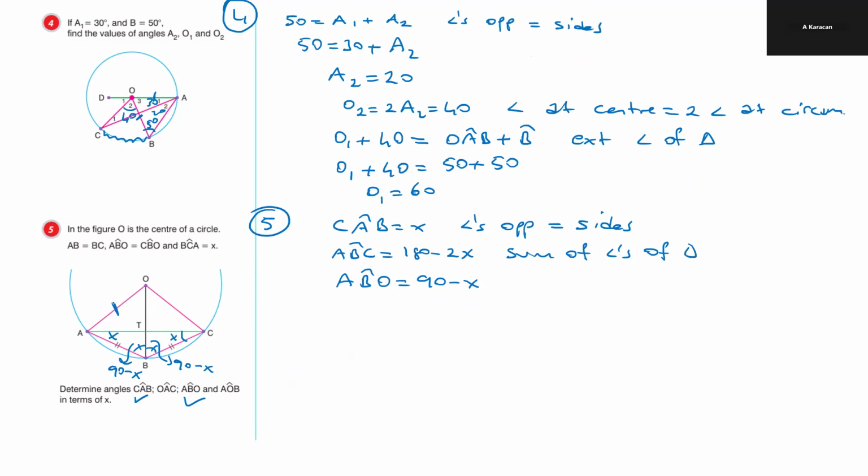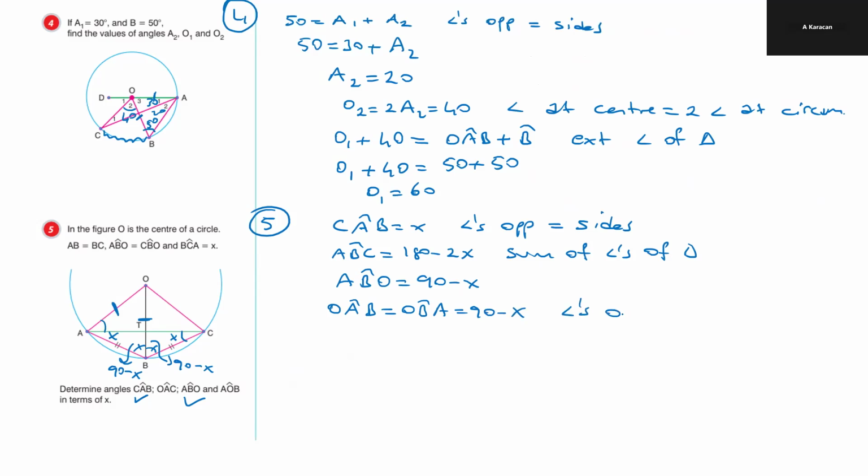Since OA is radius, OB is radius, OAB will be equal to OBA, that's equal to 90 minus x.